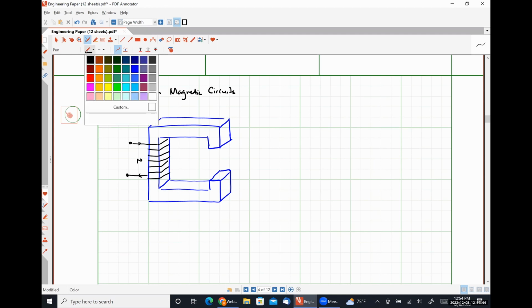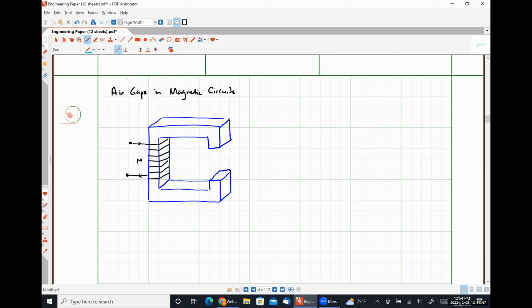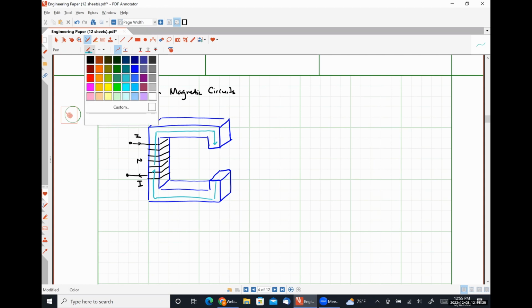So based on the direction of the current, which I didn't label the current I, so let me do that here real quick. So based on the direction of the current, we should see that our magnetic flux travels up to the right and then down, and then it's going to hit our air gap. And because the flux has to form closed loops, over here in the core, it's going to flow down to the left and then back up. So what's going to happen in the air gap is something like this.